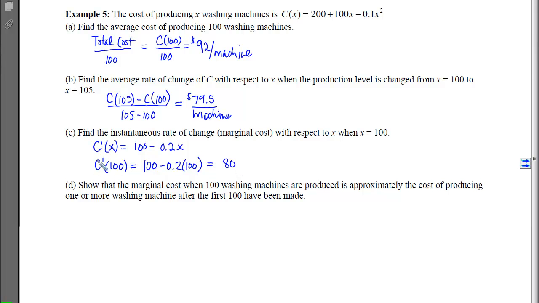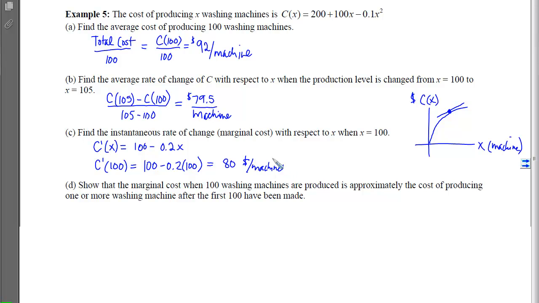Now the units of this C prime, remember it's a rise over a run. We had cost, measured in dollars, and then the number of machines as the horizontal input. So that slope is going to be measured in dollars per machine.